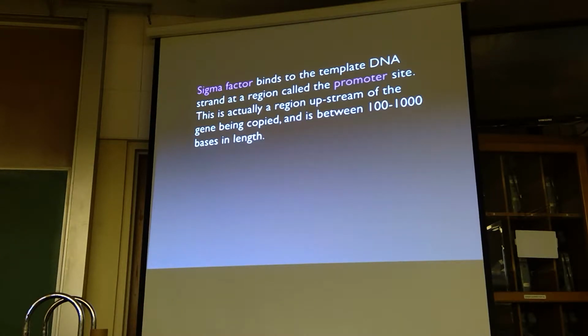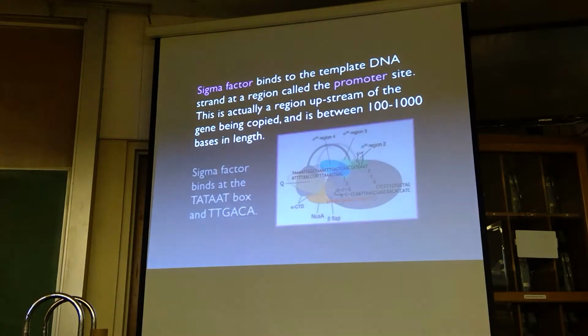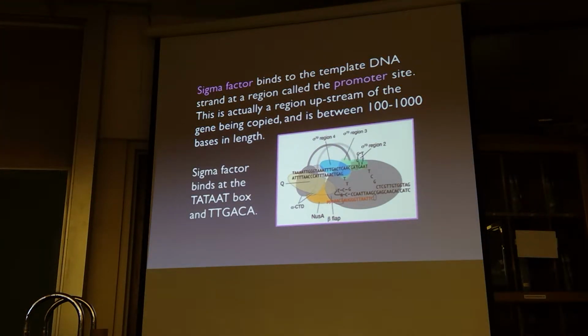There are multiple different sigma factors, and they bind to different promoters. They tend to have an affinity for different promoters. And in these diagrams, you'll often see a promoter site represented by a very short segment of DNA. Really, the promoter is long. It's between 100 and 1,000 bases. So it's a big, long section of DNA that sigma factor is going to recognize and bind to.